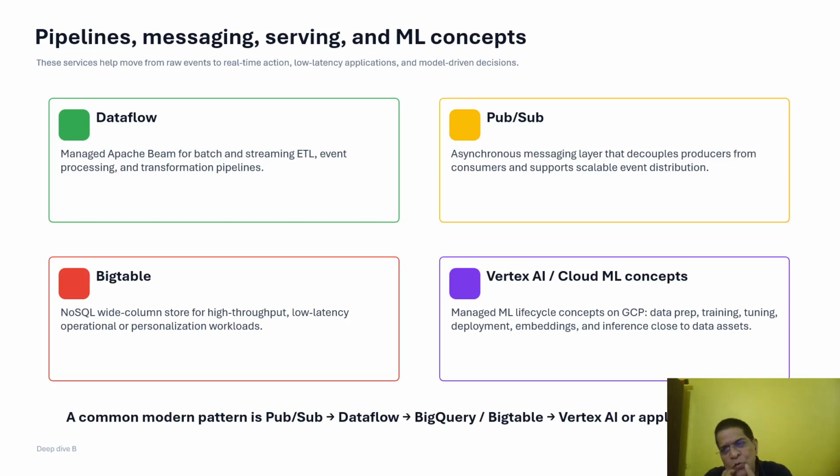But Vertex also provides AI/ML processing, AutoML also. We will be using the APIs initially to see this concept of GCP: data preparation, training, tuning, deployment, embeddings, and inference close to the data asset.